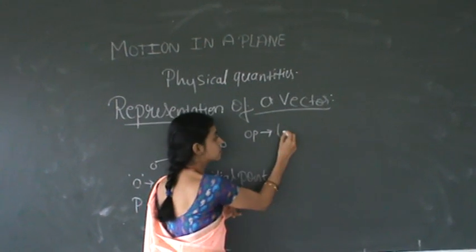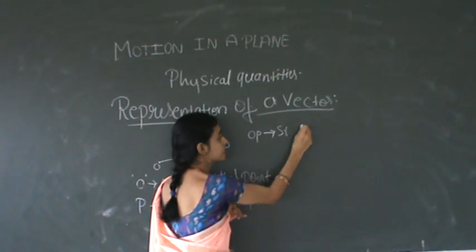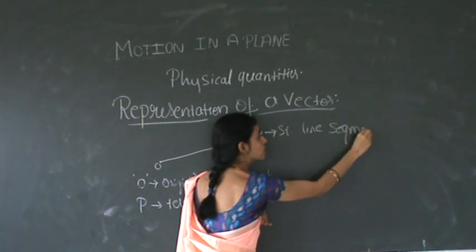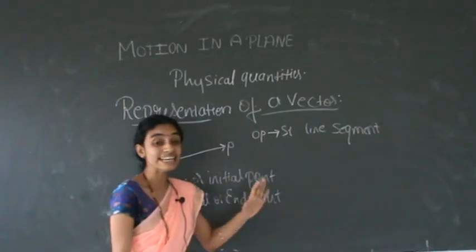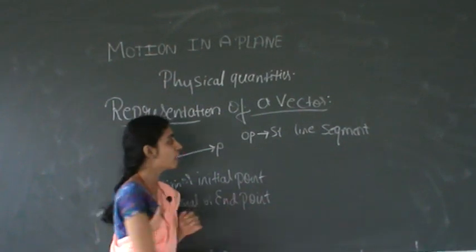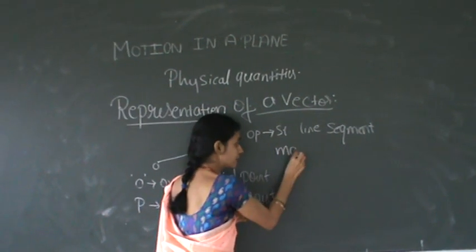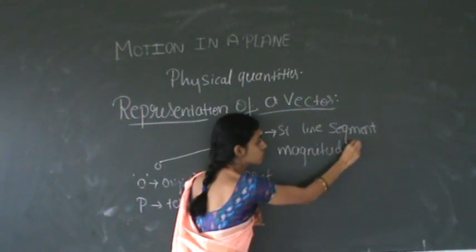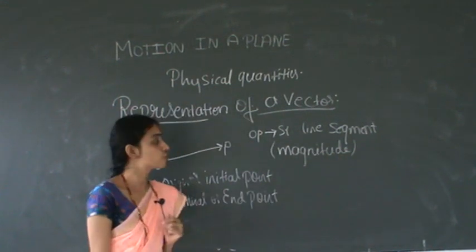The straight line segment indicates the magnitude of a quantity. It gives you the magnitude value.